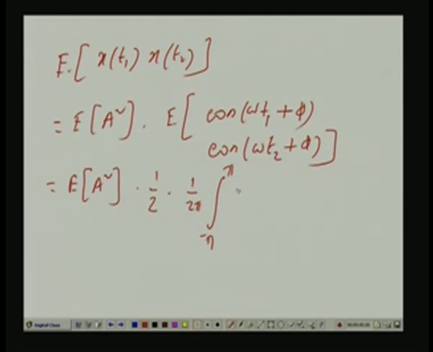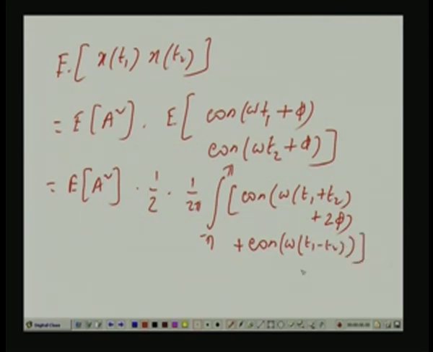So, this will give rise to two terms: cosine omega (t1 plus t2) plus 2 phi, plus cosine omega (t1 minus t2), where phi cancels, d phi.